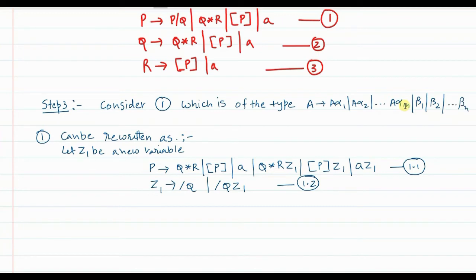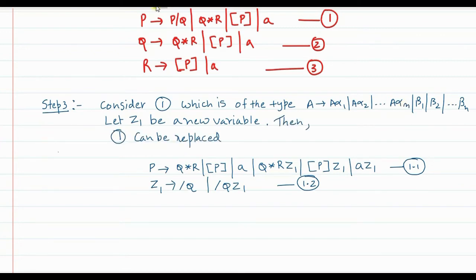So consider 1, which is of the type. Then let Z1 be a new variable, with the following productions.